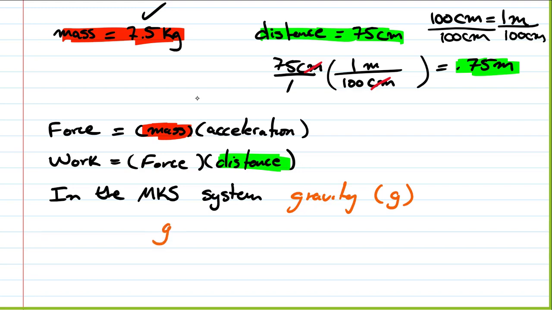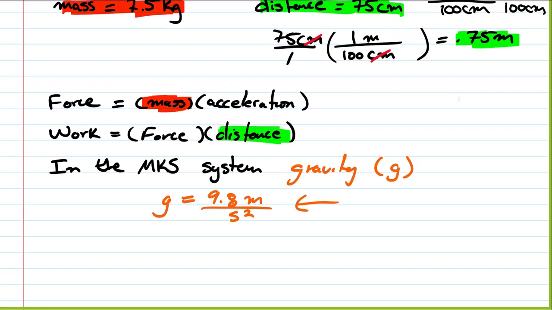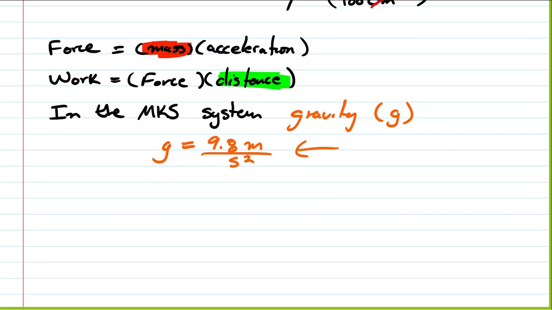Little g is equal to 9.8 meters per second squared. In our homeworks or any of our applied problems in this section, if we need the acceleration due to gravity in the MKS system, this is the one: 9.8 meters per second squared is gravity. So the first thing we need to calculate is our force.